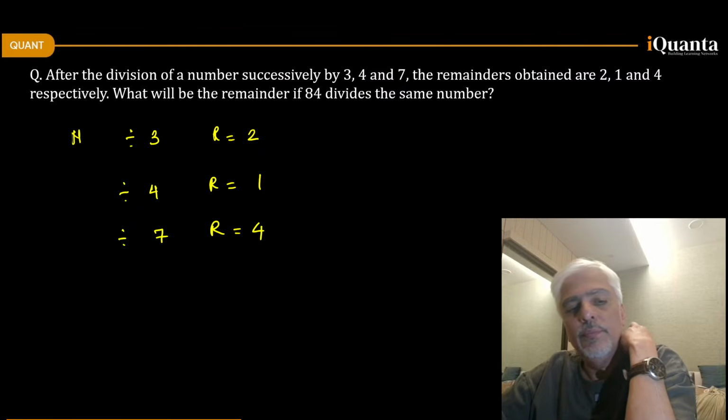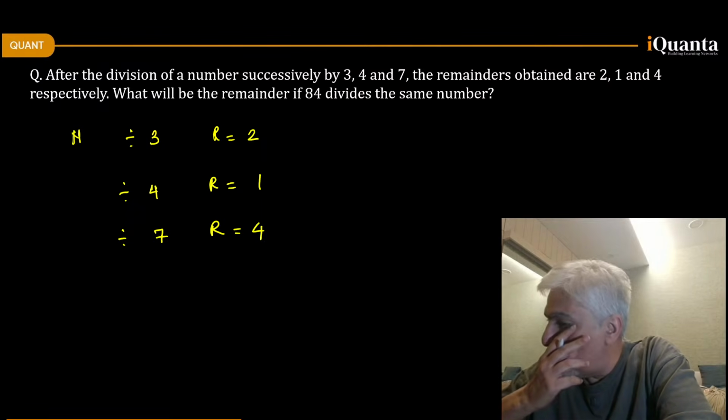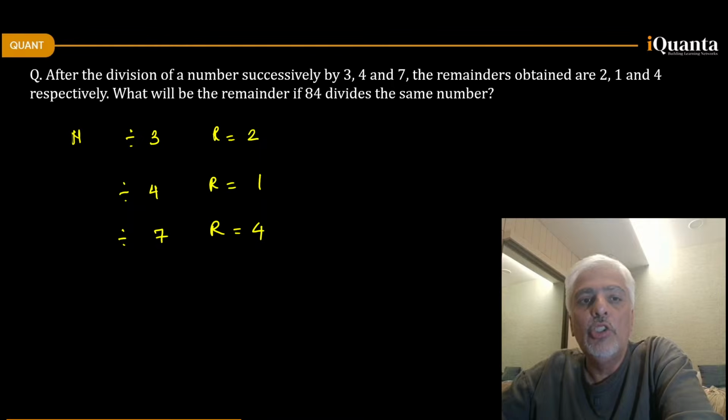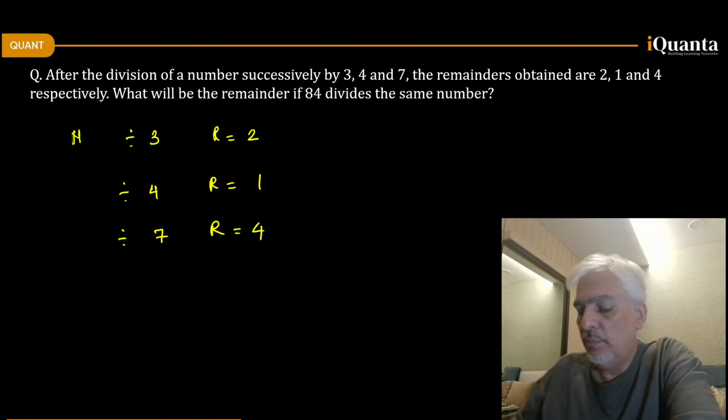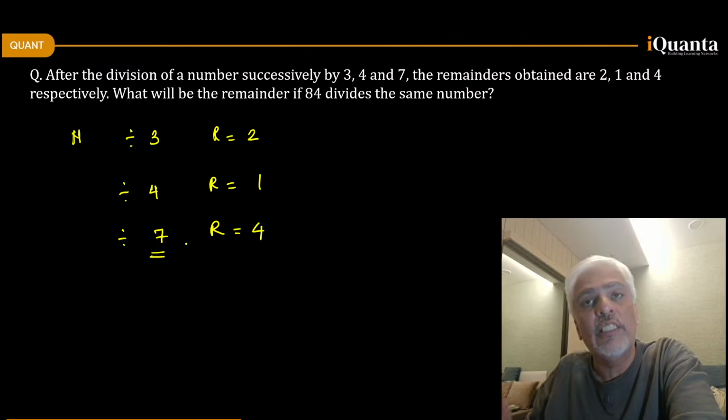Good. Now the trick in this question is what? Assume the last quotient to be 0. Last quotient is 0. That means dividing by 7 quotient is 0.